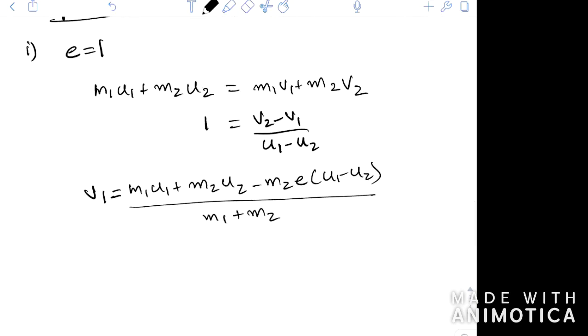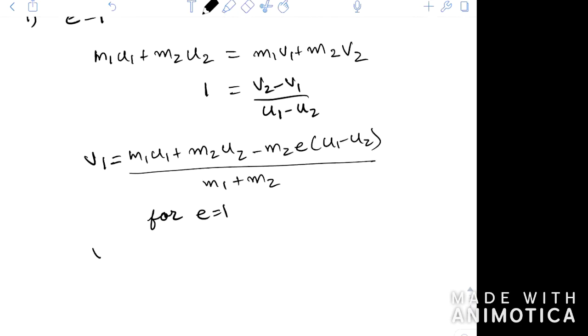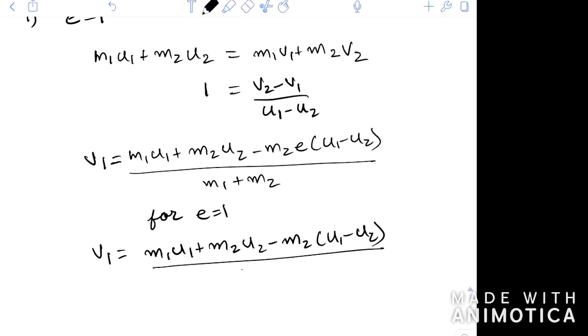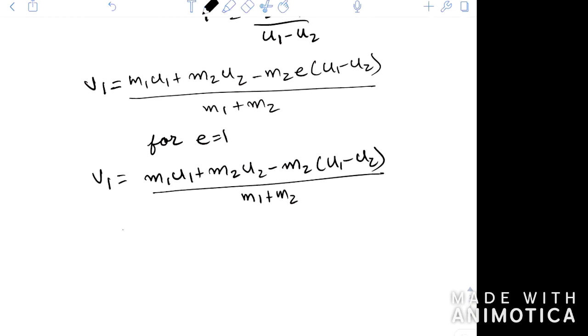For e equal to 1, this would become v1 equal to m1 u1 plus m2 u2 minus m2 into u1 minus u2, by m1 plus m2. So what would you get? You would get m1 minus m2 into u1.